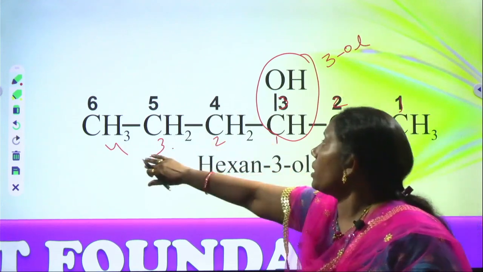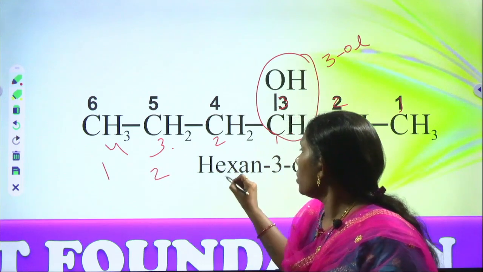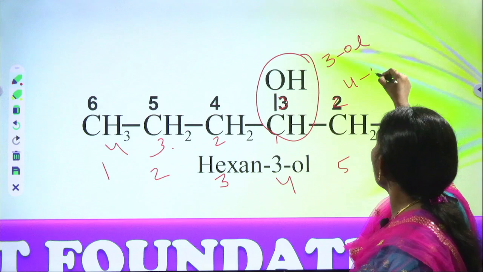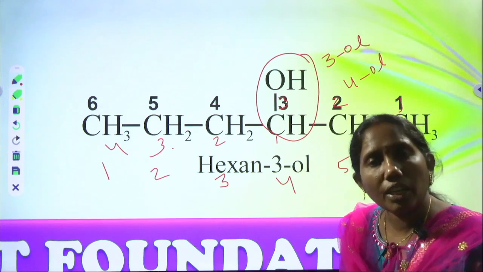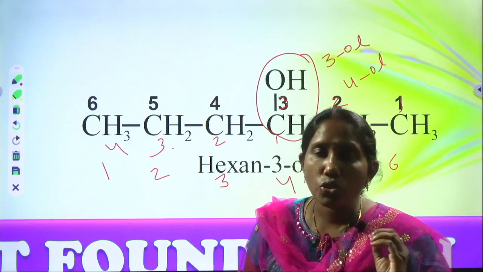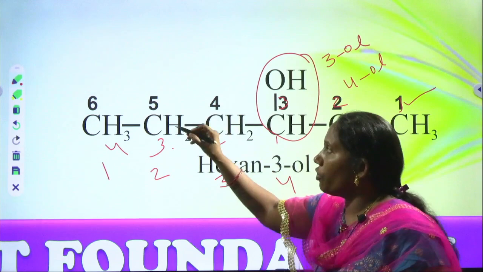If you give the numbering from this side, you are getting 4-ol. In which direction are you getting the last number to the functional group containing carbon? We have to choose that one. So I will go with this numbering 1, 2, 3, 4, 5, 6.